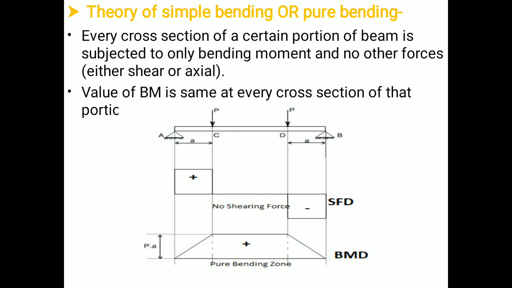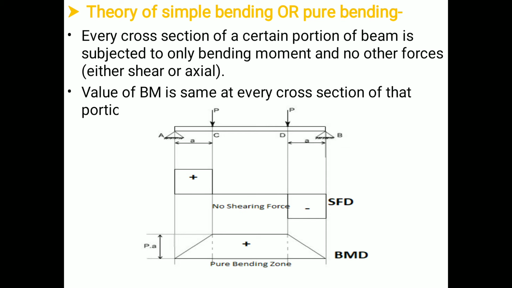It means every cross section of that portion is subjected to only bending moment, not to any vertical shear force or any axial force. Then such a state of the beam is known as simple bending or pure bending.